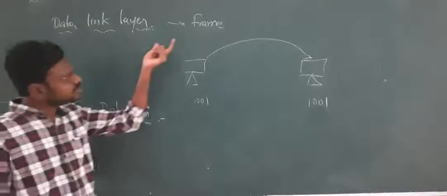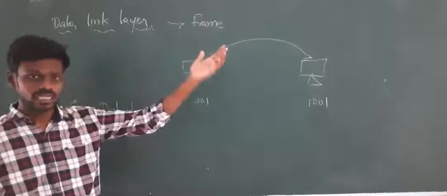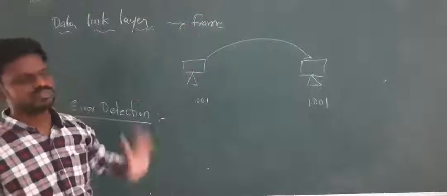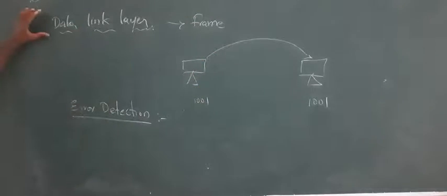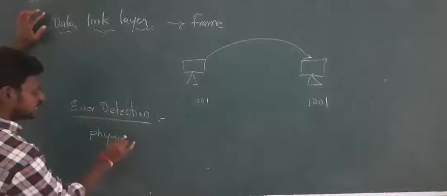Whatever data we get from the network layer will be divided into frames. Apart from this, the data link layer communicates with the physical layer, which is below it.